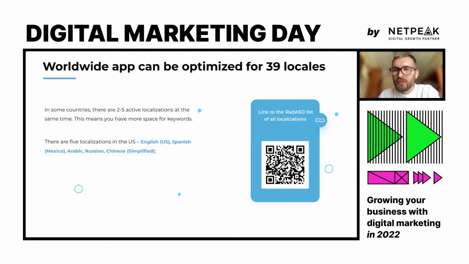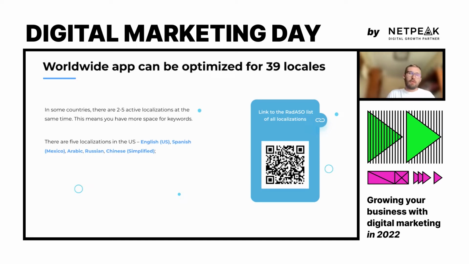By using this QR code, you can go to our Google Docs, and we have the list of available localizations for all the countries that you see. For example, when you have an application for only one country, you need to always understand which localizations you have for this country.